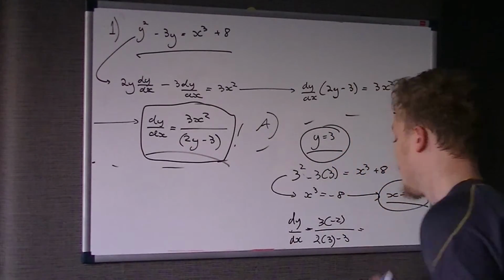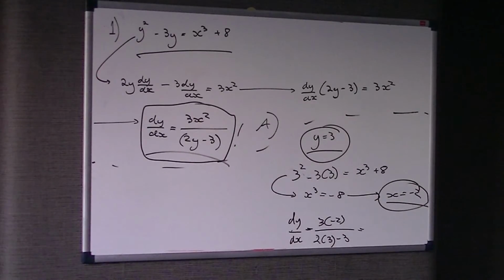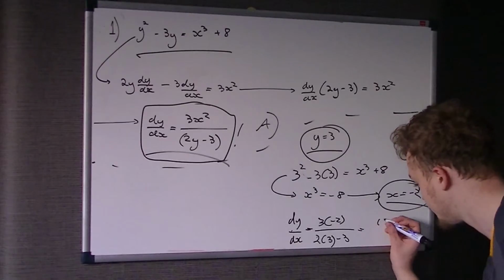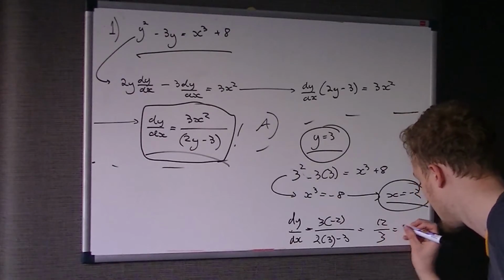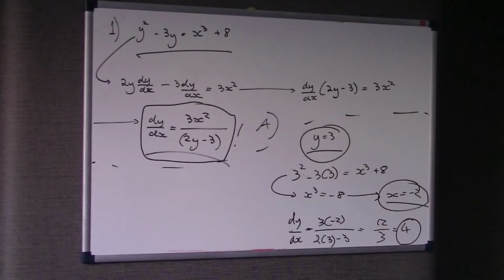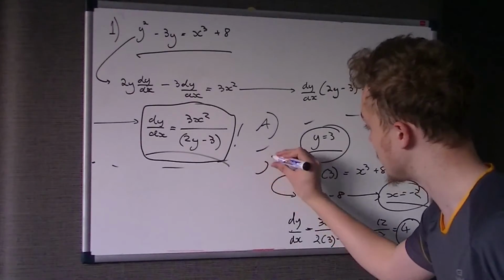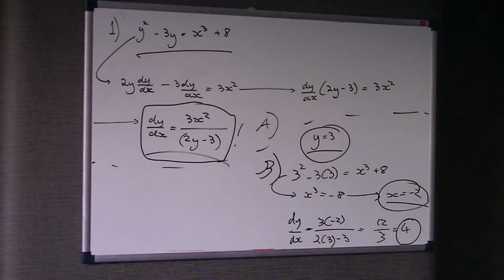Which is 12 over 3, which gives us 4. And that is the gradient for part B. So when y is 3, we get a gradient of 4.